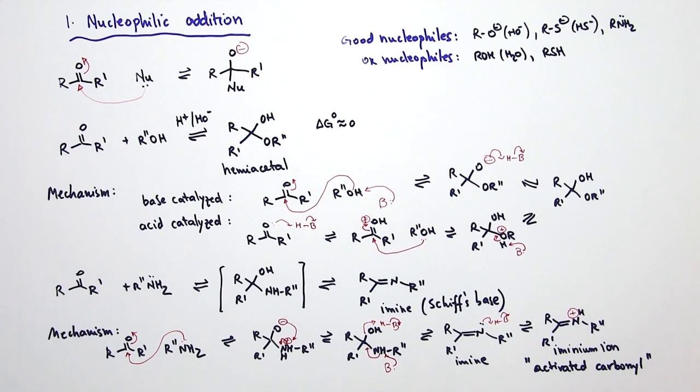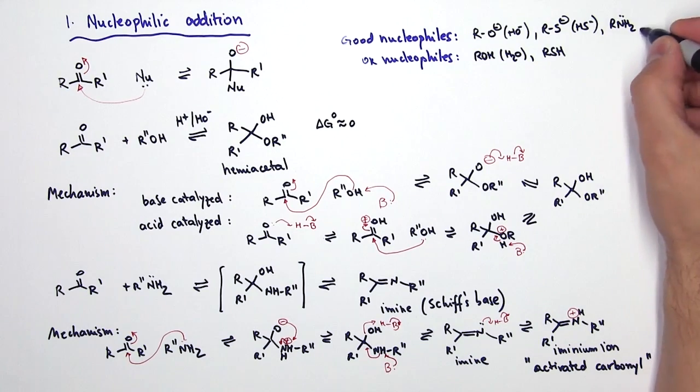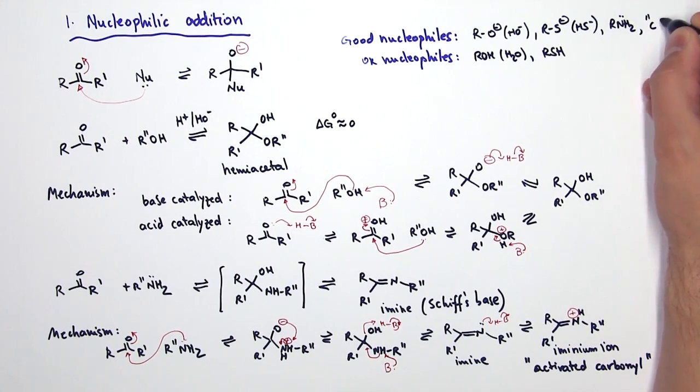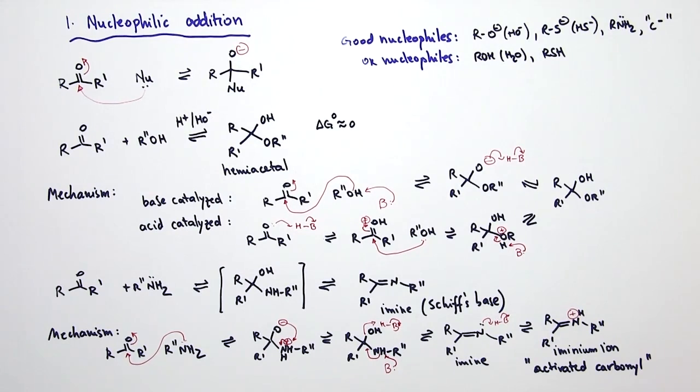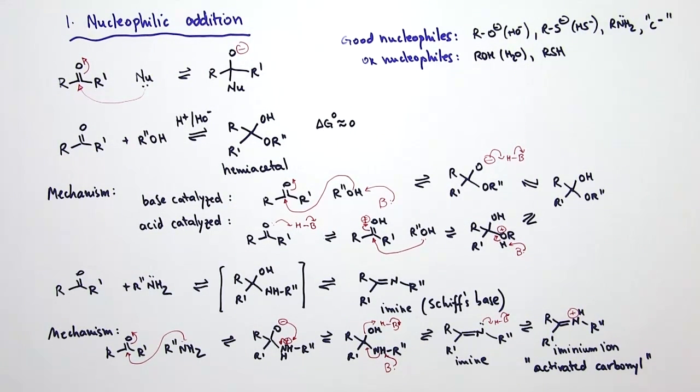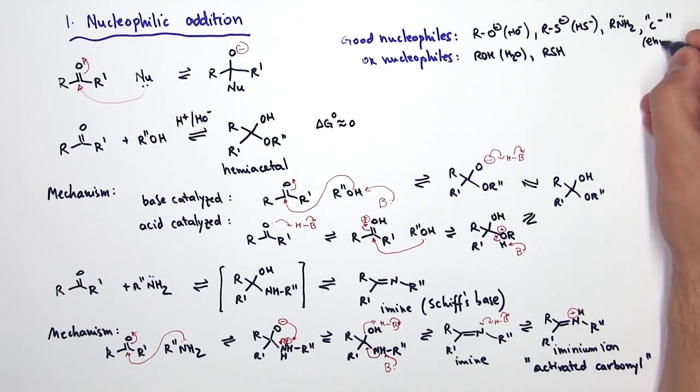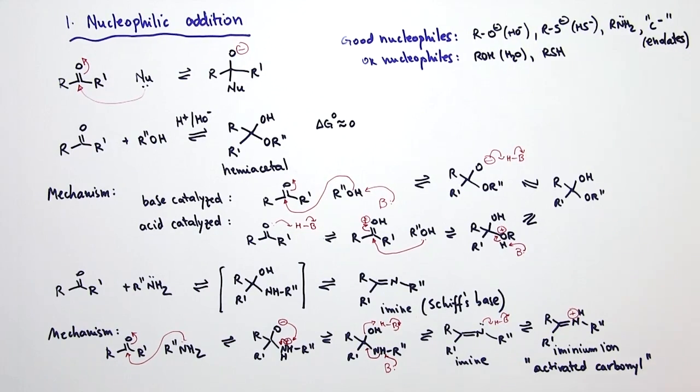Another important nucleophile that we're going to see is what we're going to call a C minus, basically a carbanion. In our case, it's going to be enolates, which can also add to the carbonyls, and these will form the basis for the Aldol reaction.